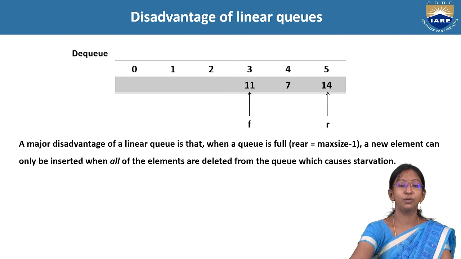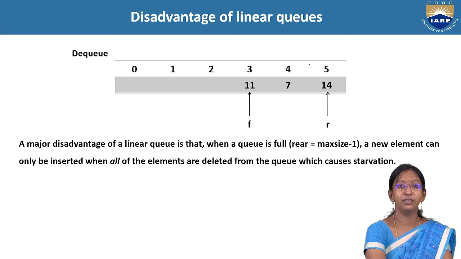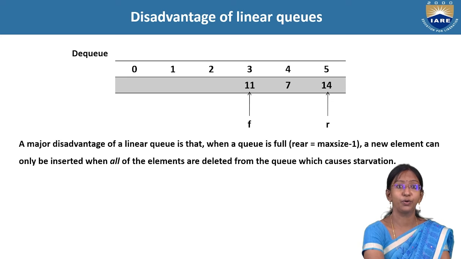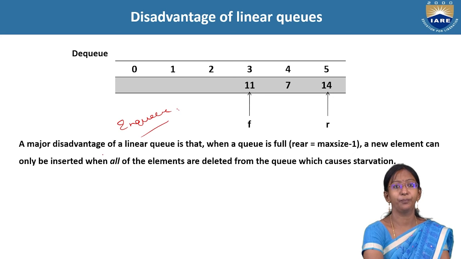The major disadvantage is, have a look at this picture. Okay, I have inserted all the full size elements. So my rear is pointing to the last and I have deleted 3 elements. Okay, my front is pointing to index value 3. If I try to perform an NQ operation now, what will happen?